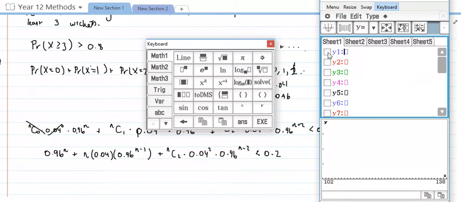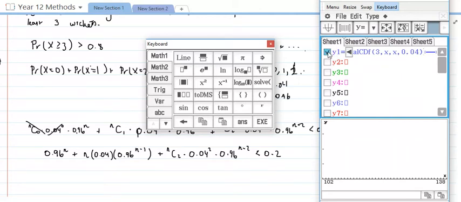We're going to tick the box here as soon as we type in something, but it's going to be binomial CDF, and now our minimum value is 3. We don't know what the maximum value is, that's what we're trying to find out, and we don't know the number of trials, but we know that the probability of him getting the wickets is 0.04.